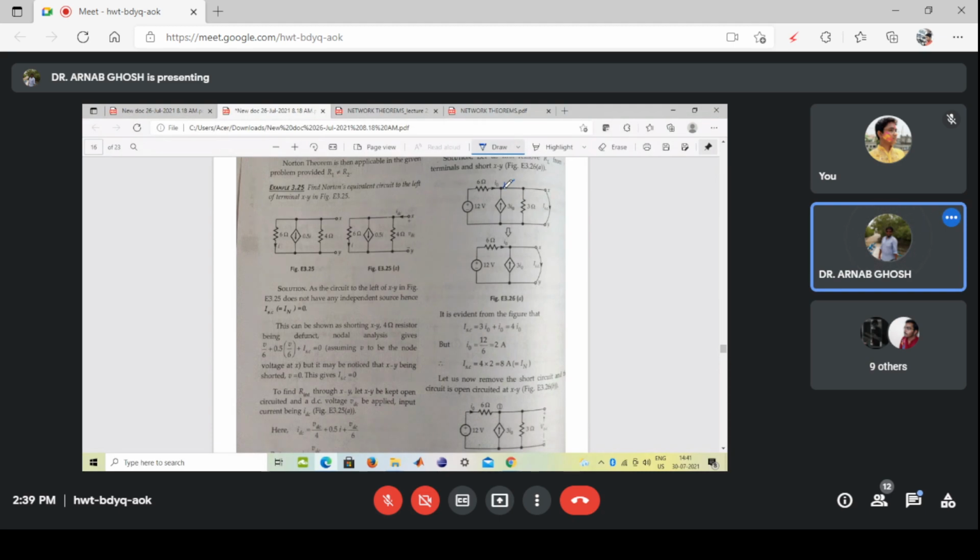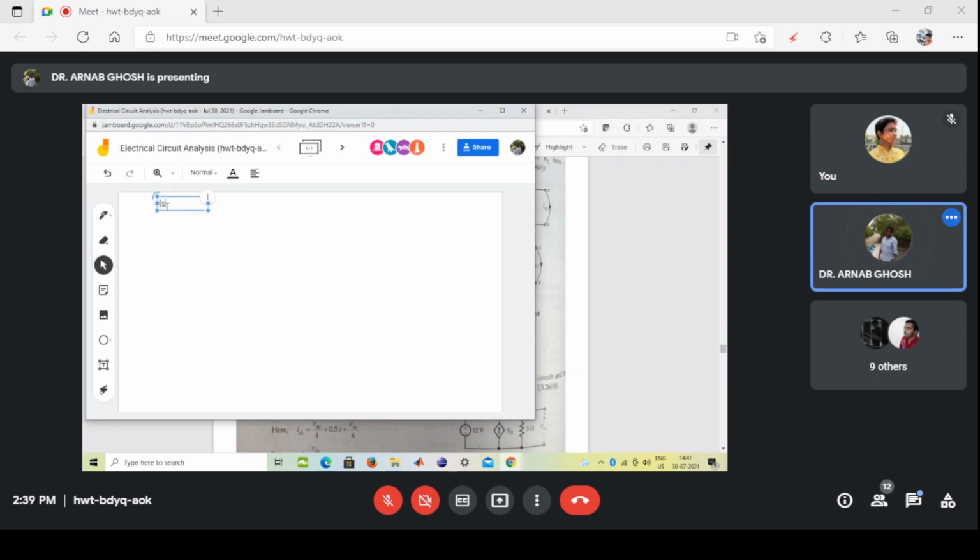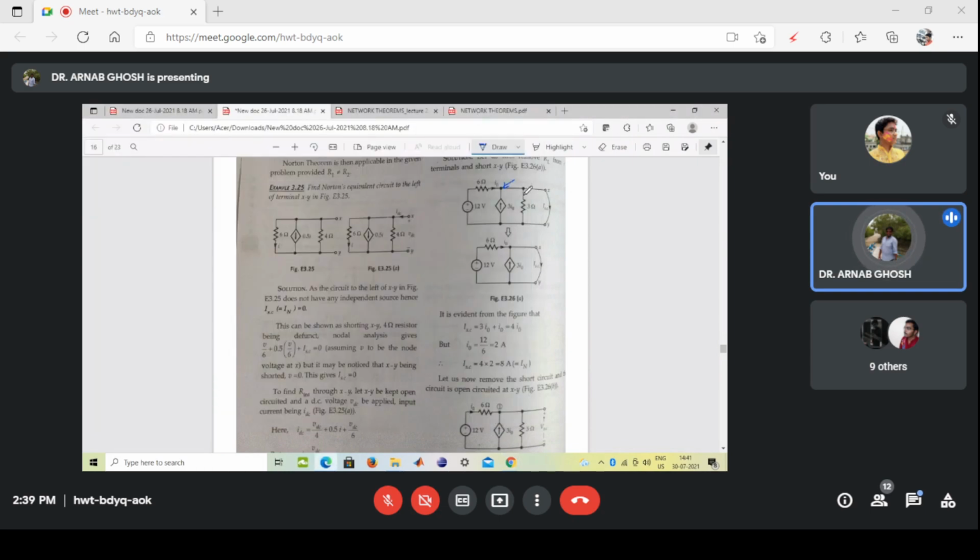For this particular node, your ISC, the short circuit current, will be equal to I0 plus 3I0, because your entire current will be flowing through ISC.